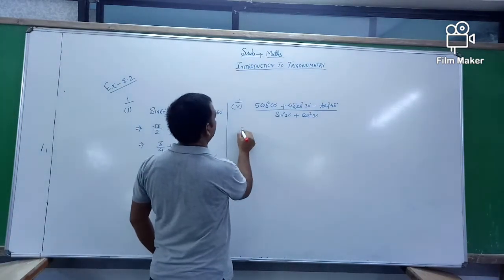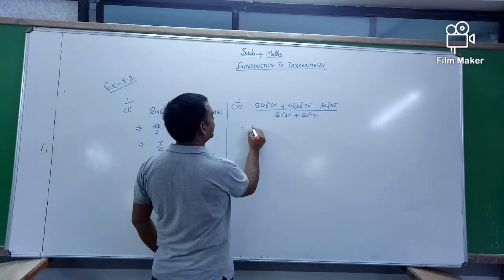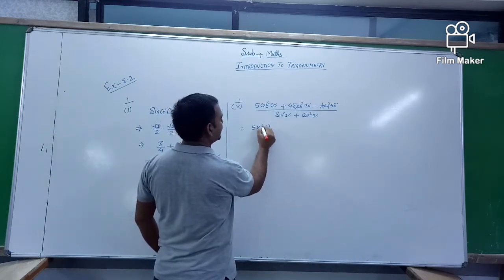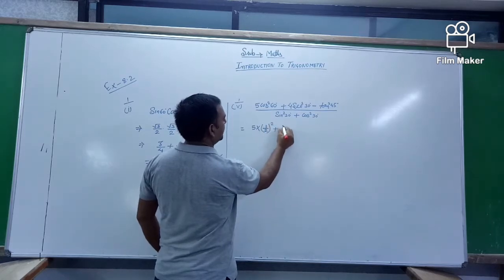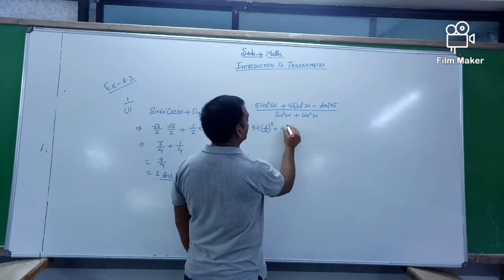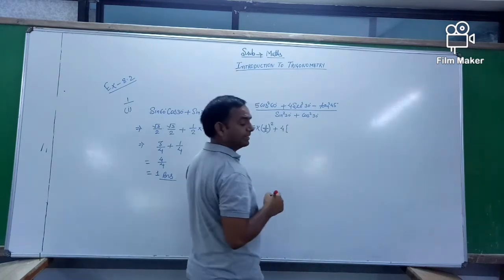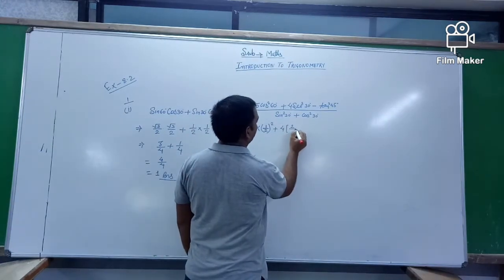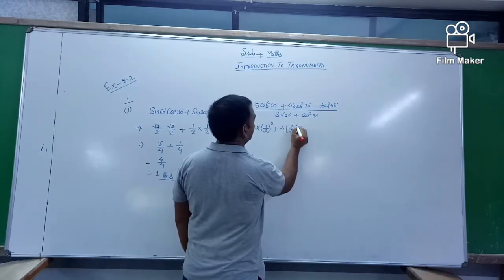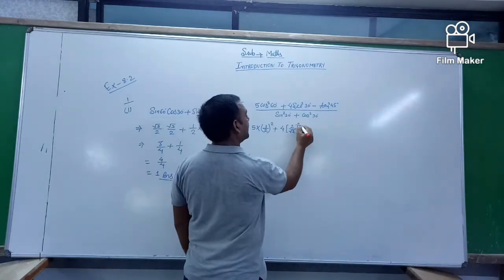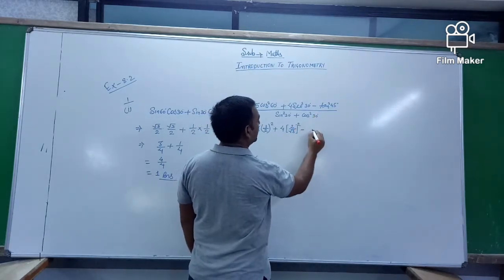So this is equal to 5 cos square 60 degree. The value of cos 60 is 1 by 2, so it is the square of 1 by 2, plus 4 sec square 30 degree. Sec 30 degree is equal to 2 by root 3, square, minus tan square 45.